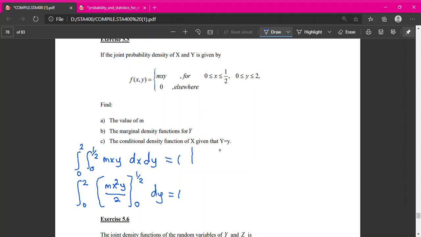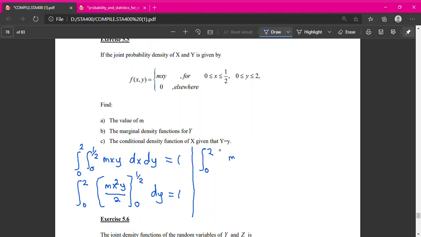Equal to 1. Okay, then replace x with half. Jangan replace y pula sebab tadi kita integrate terhadap x, so kena replacekan these two value in x. So we will get 1 over 2 square, will get 1 over 4.